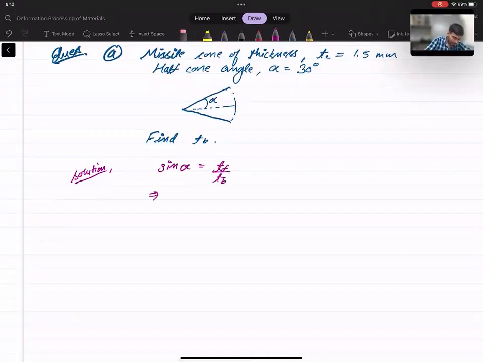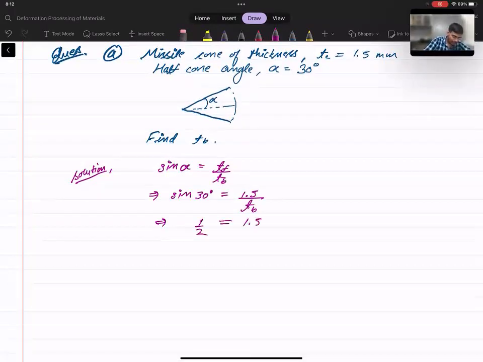So sine 30 degrees is equal to TF, or TC, which are the same as I mentioned earlier. This is 1.5, and TB we need to find. We know that sine 30 is 1 by 2.